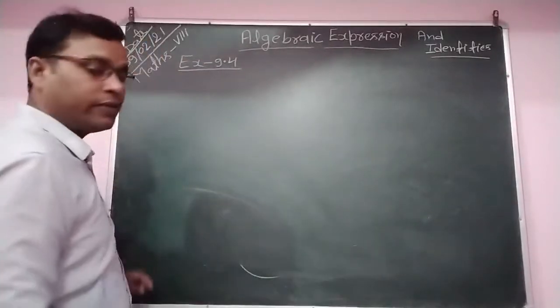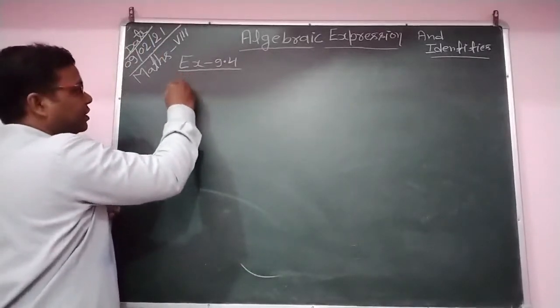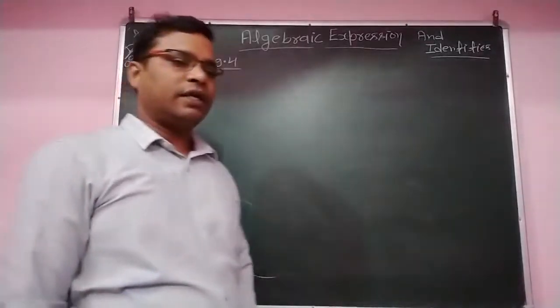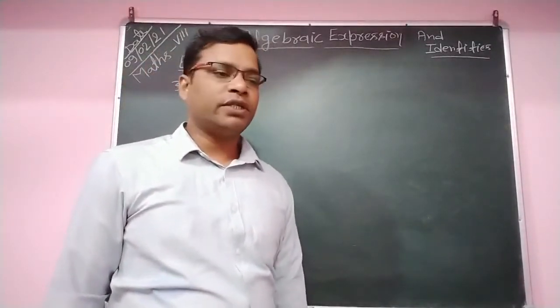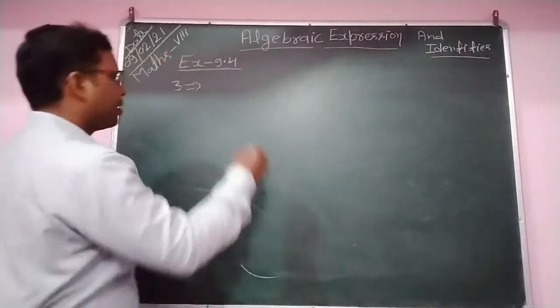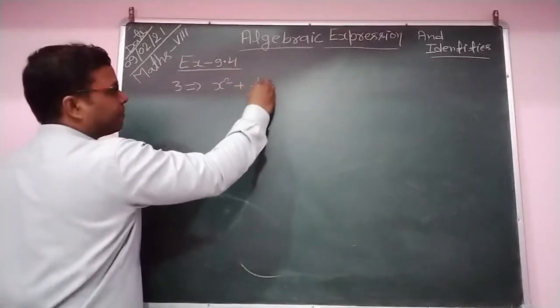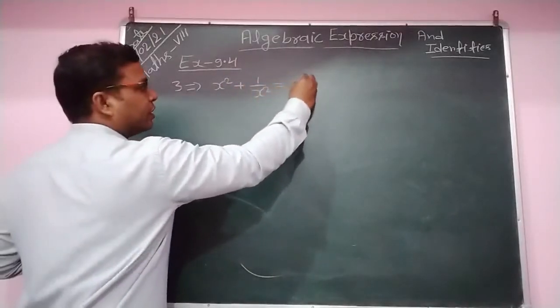Okay, now here we have question number 3. Question number 3 says that x square plus 1 upon x square is 18. This is given here: x square plus 1 upon x square is equal to 18.